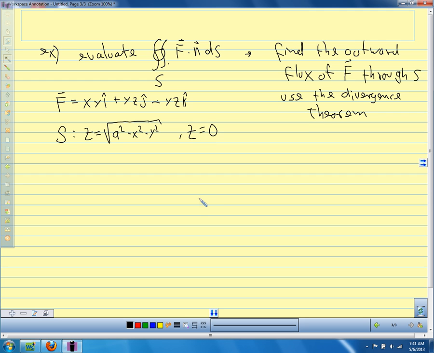So those are the boundaries of our surface. What is our region? What is the surface? A hemisphere, right? The bottom boundary of our surface is the xy plane, and the top boundary is this sphere, x squared plus y squared plus z squared equals a squared.